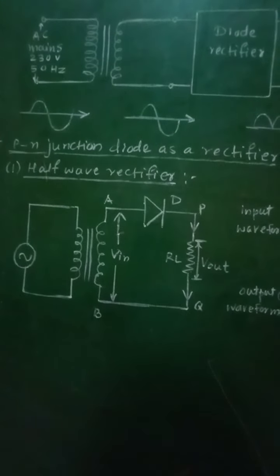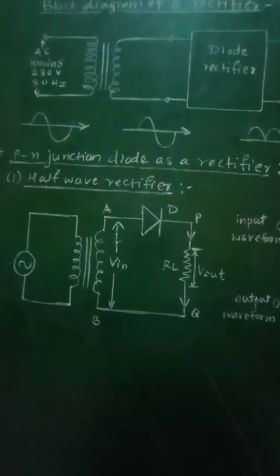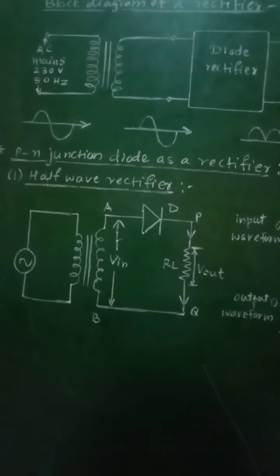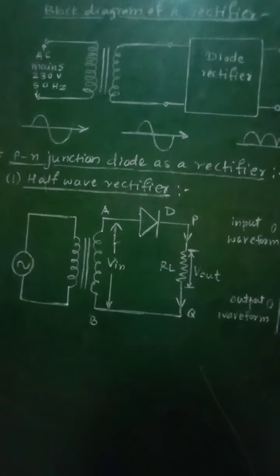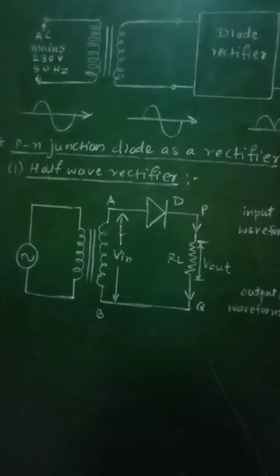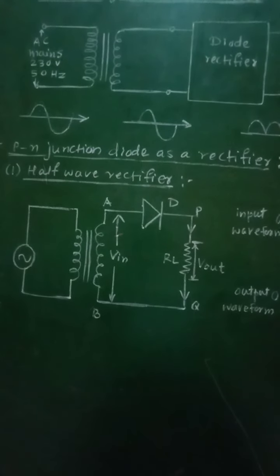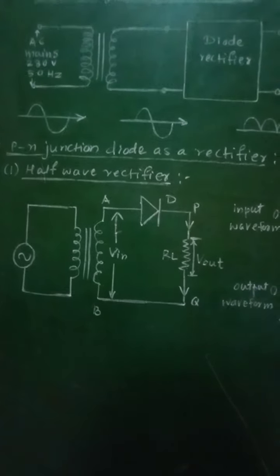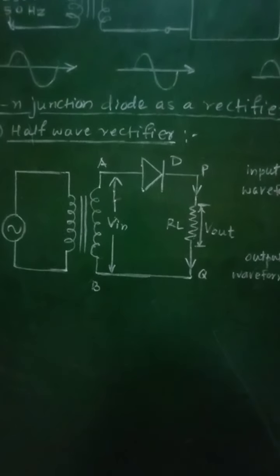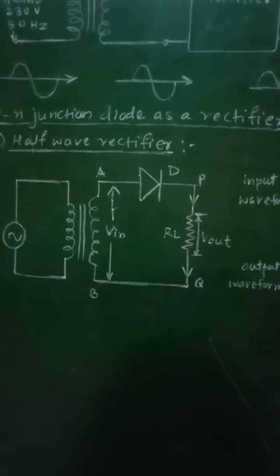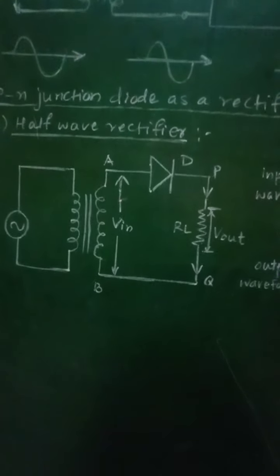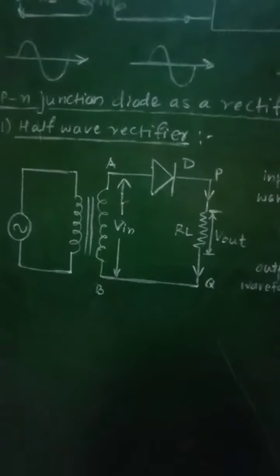Now the secondary coil AB of the transformer is connected in series with a PN junction diode along with the load resistance RL. The AC voltage which is applied across the secondary coil AB changes its polarities after every half cycle.